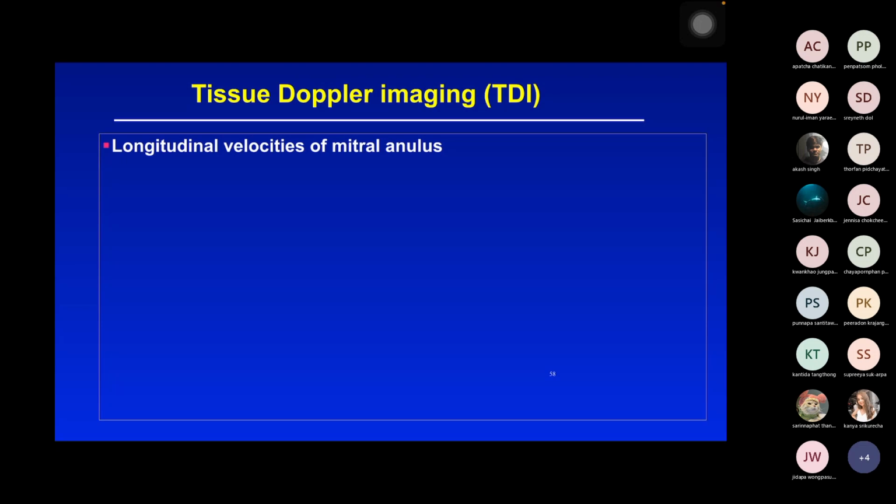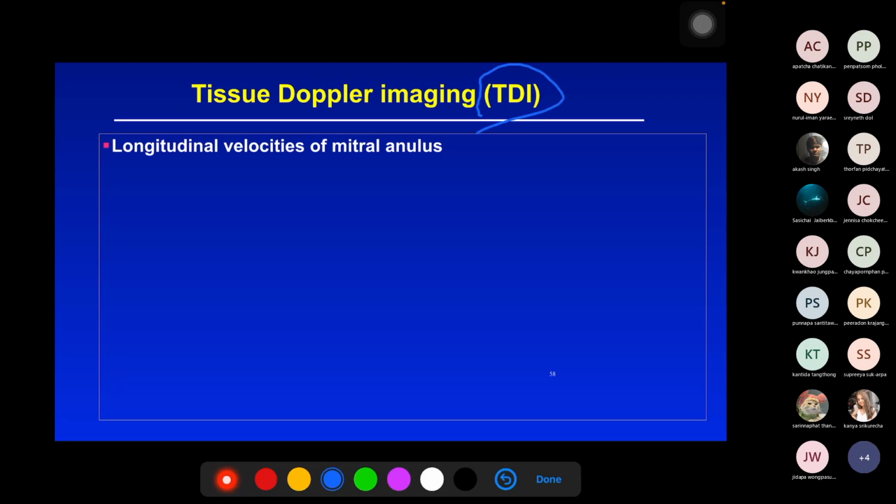The next one we have to learn about is tissue Doppler imaging. Tissue Doppler imaging is the TDI button you see on the echocardiography machine.